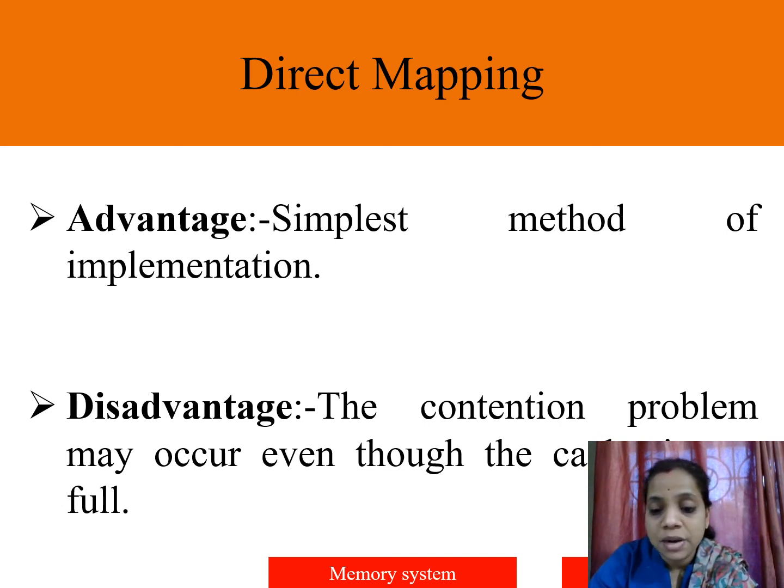Contention means that for a single block of cache memory, more than one block of main memory is competing. To improve this cache mapping technique, we'll use the second method in the second class.